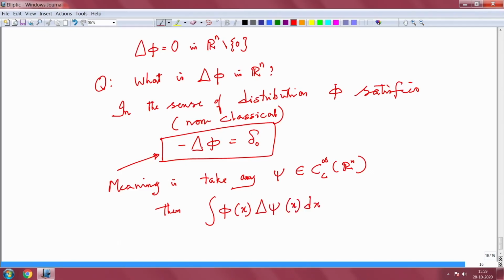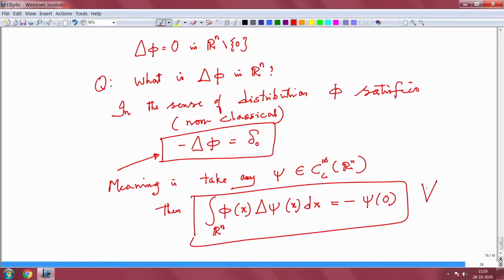You cannot take the integral of Laplacian of phi, because Laplacian of phi is not locally integrable, but this integration is equal to minus psi of 0. This is true for all psi.